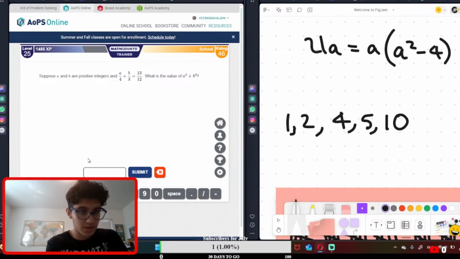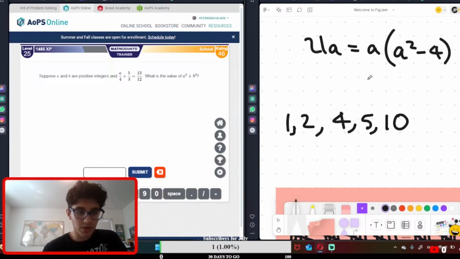Suppose a and b are positive integers, and you have this. What is the value of a squared plus b squared? You can just multiply it out by 12 directly, but that's not really ideal, right? Wait, how do you do this actually?